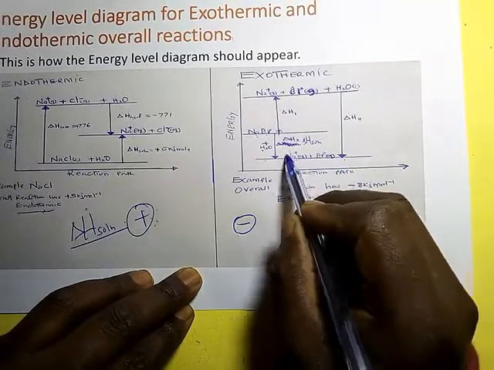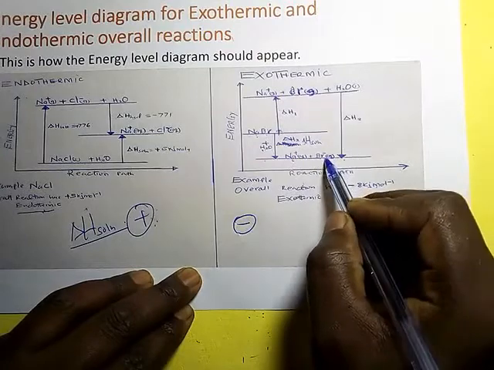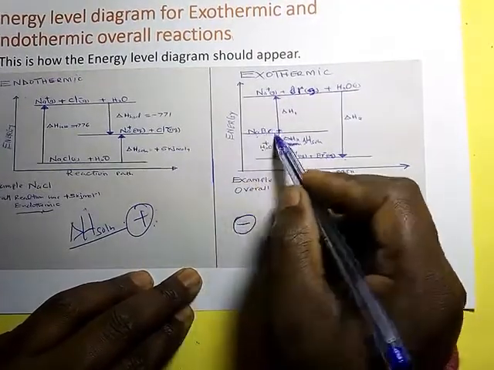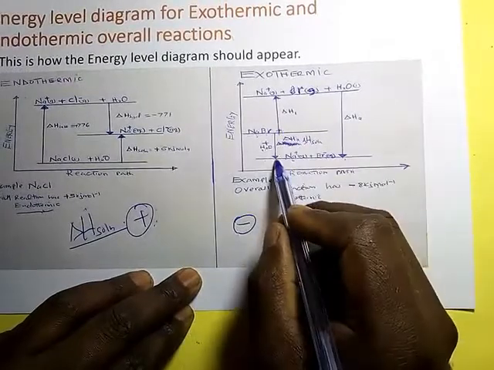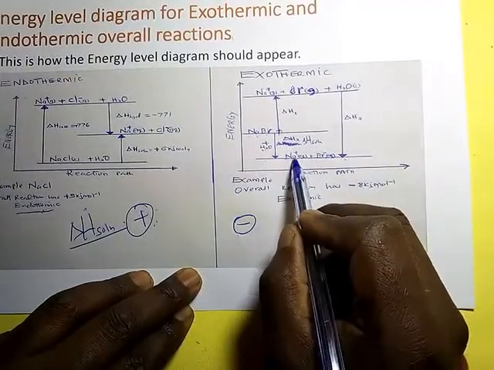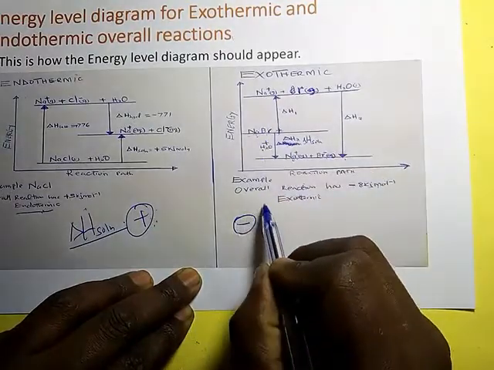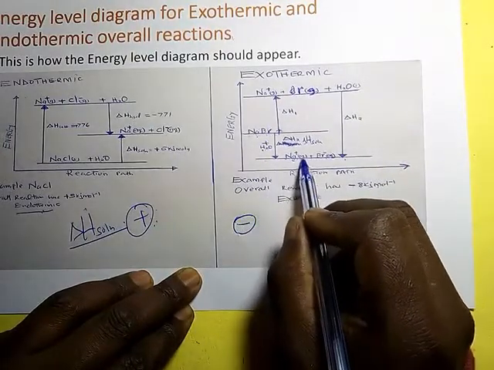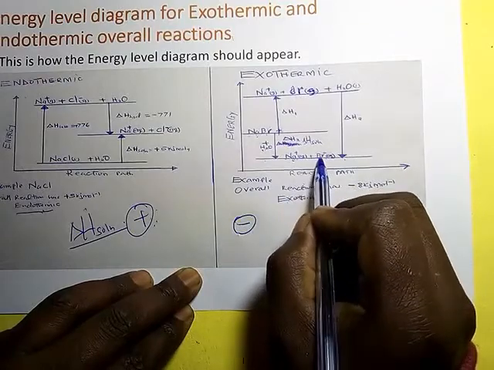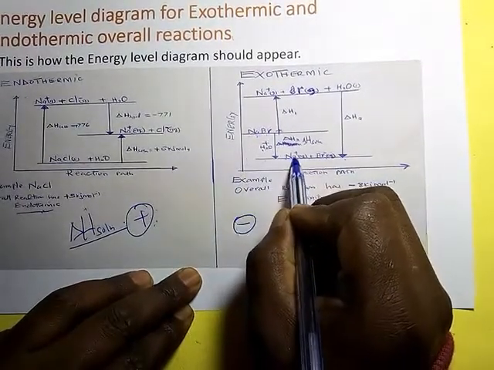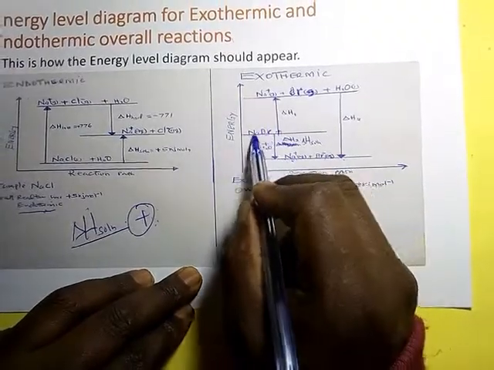The overall reaction should be exothermic. You can check that from here: the reactants are higher and the products are lower. In an exothermic reaction, reactants have higher energy content and the products have lower energy content.